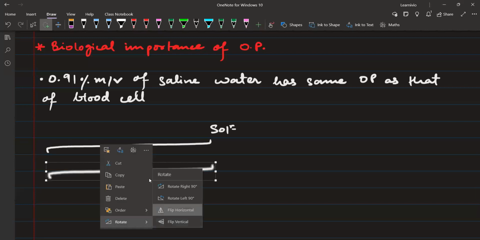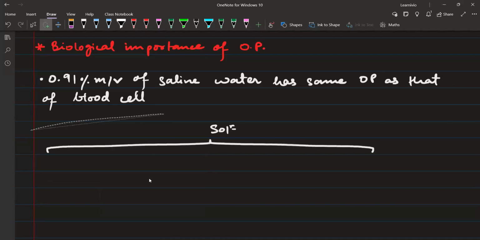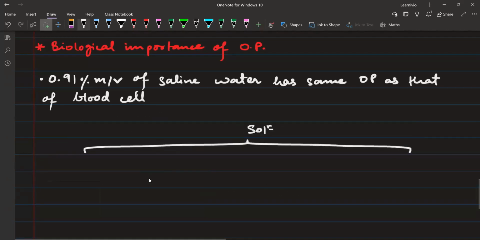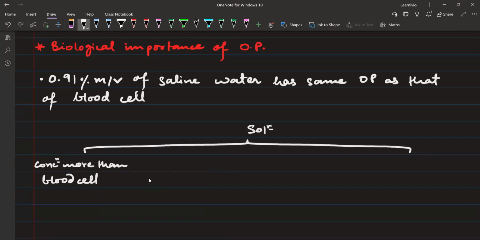The first case could be the concentration of the solution is more than blood cell.